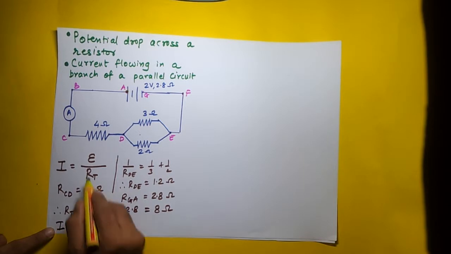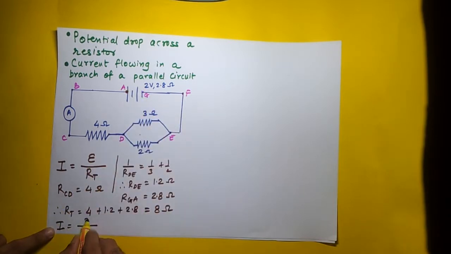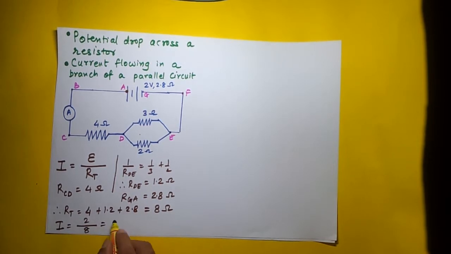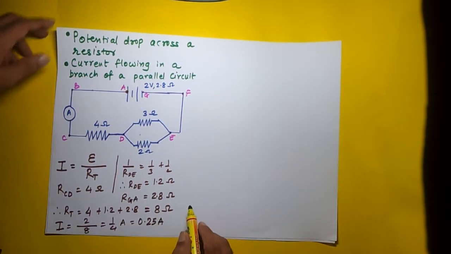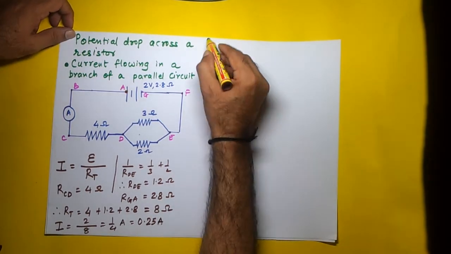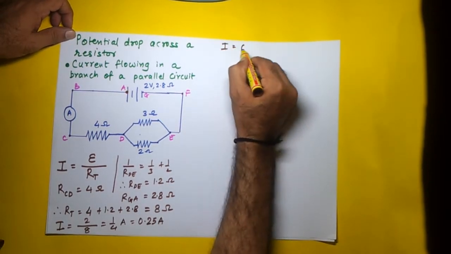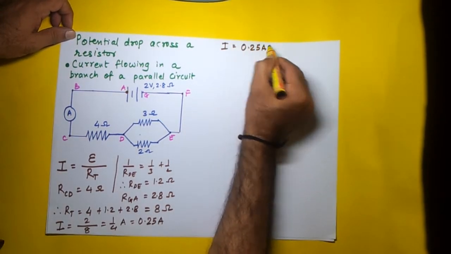I is equal to epsilon, which is 2 volts upon 8, that will give me 1 upon 4 ampere, that is 0.25 ampere. So I have found out the electric current flowing in the circuit, right? Let me write down over here, I is equal to 0.25 ampere.